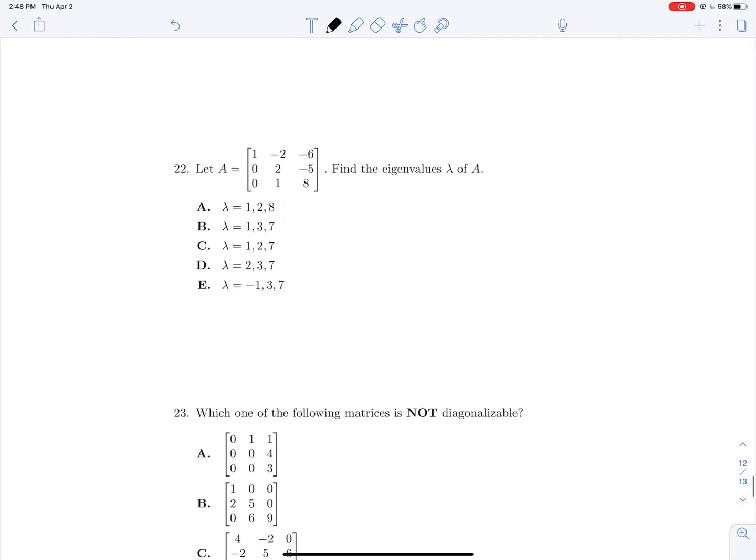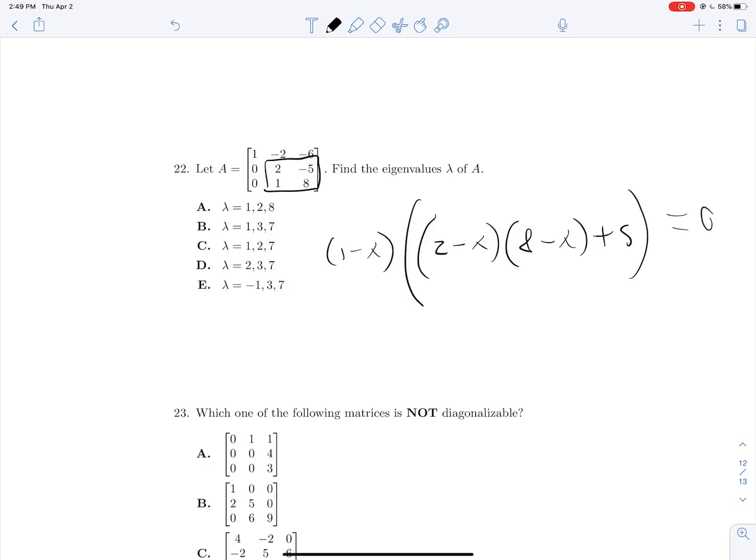22, we are trying to find the eigenvalues of A. Well, that's going to be pretty easy here. Let's expand out what this determinant will be equal to. We can multiply +1 by the determinant that we get by crossing out everything else. So substituting in our negative lambda, we will have 1 minus lambda multiplied by this determinant here, which will be 2 minus lambda, 8 minus lambda, plus 5.